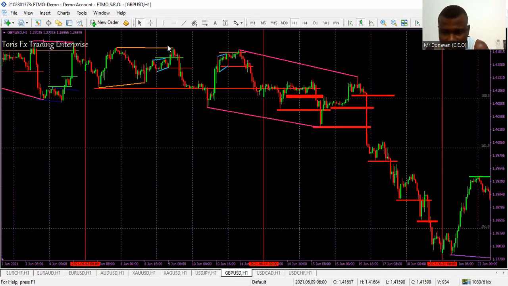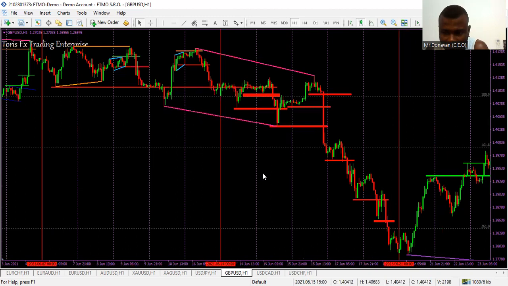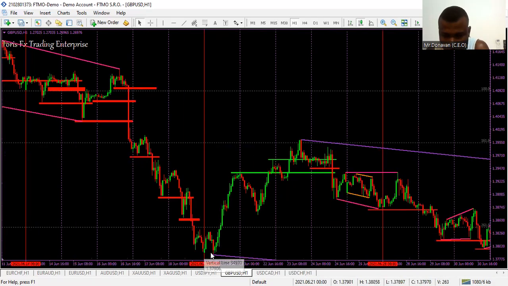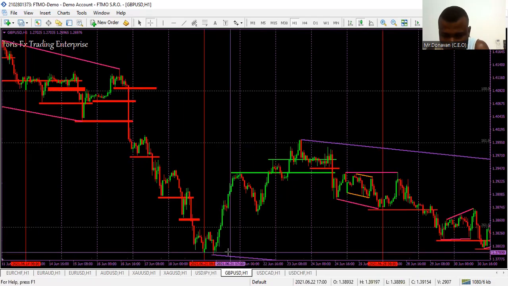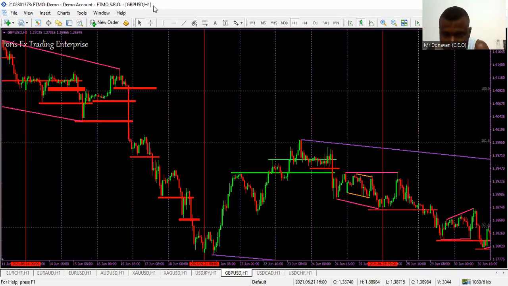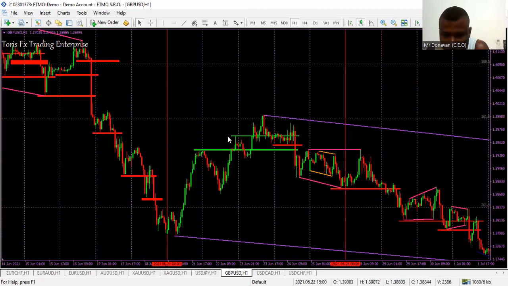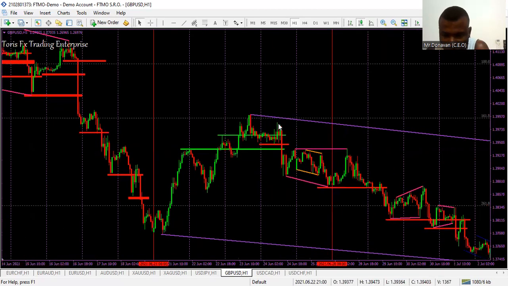So 1, 2, 3, 4. Really stuck in this trade. Let's see, 6 break window. Not be in a trade. Not be buying this. Probably buy this, get it for breaking, we'll sell that.